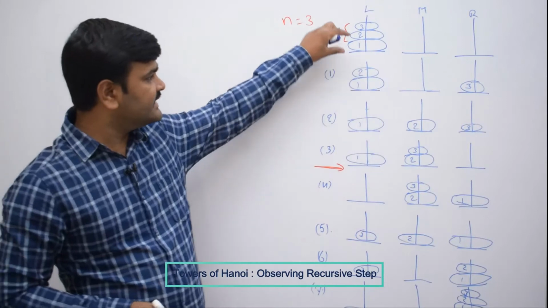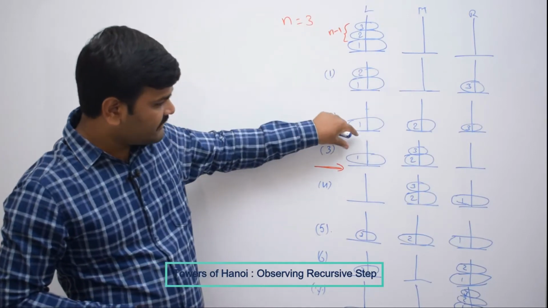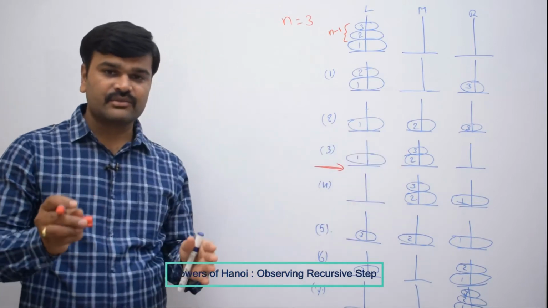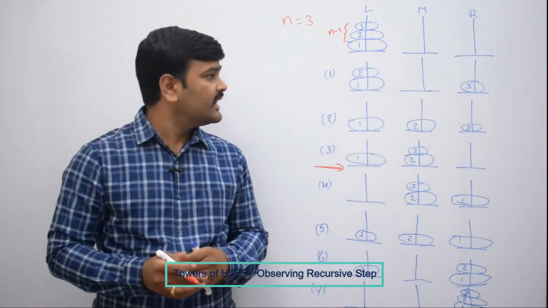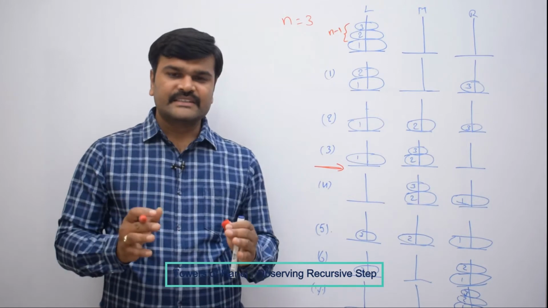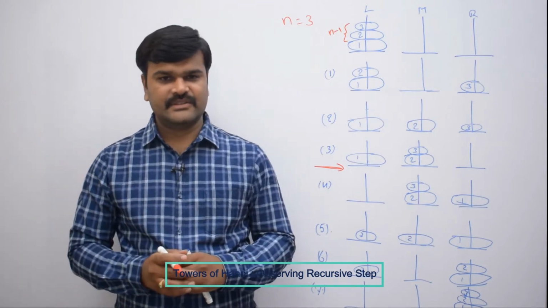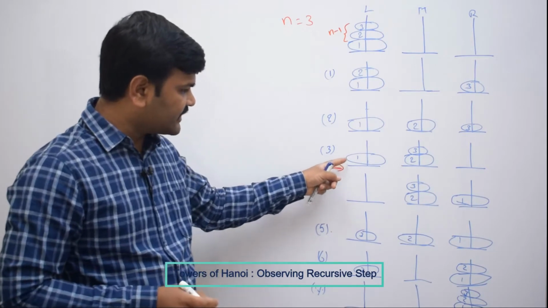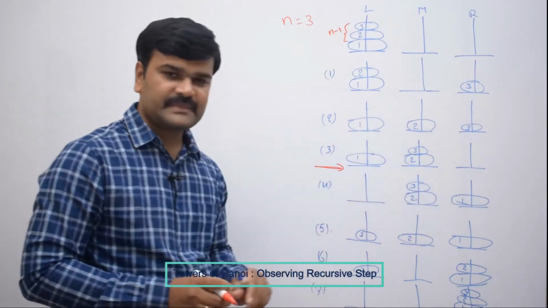So that means these n-1 disks you first moved from the left tower to the middle tower. That is what we discussed, that is the helping tower. Okay, so now this first disk you can shift from the left tower to the right tower.